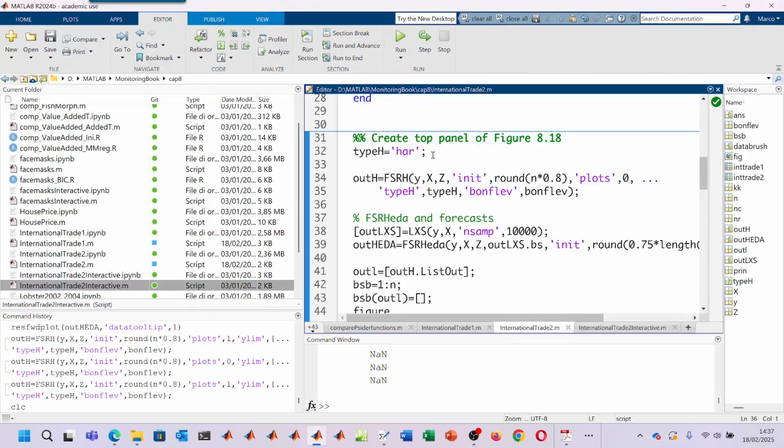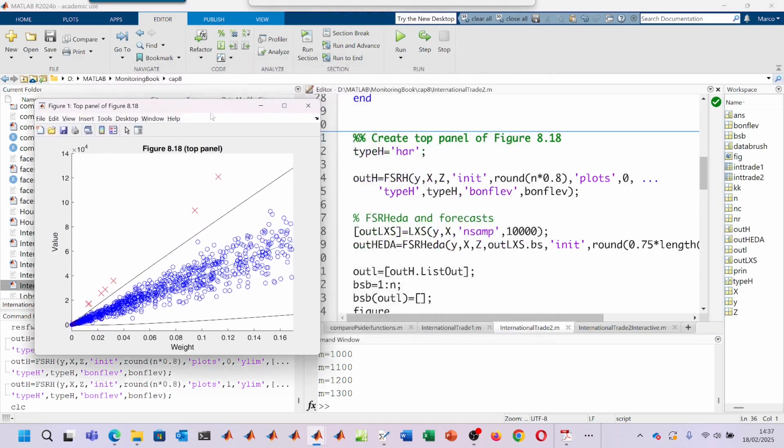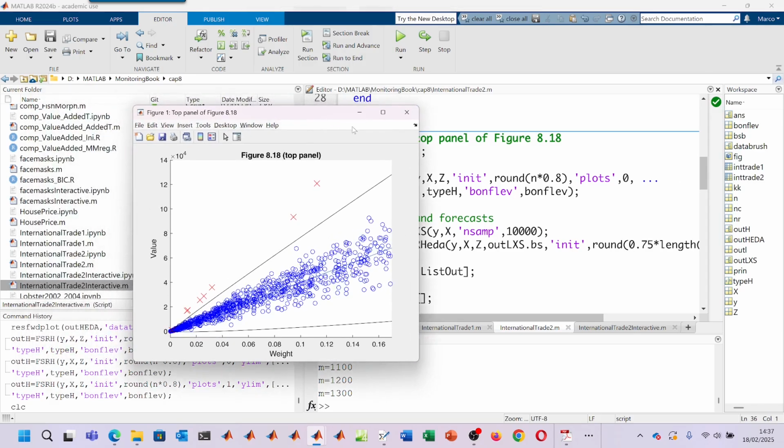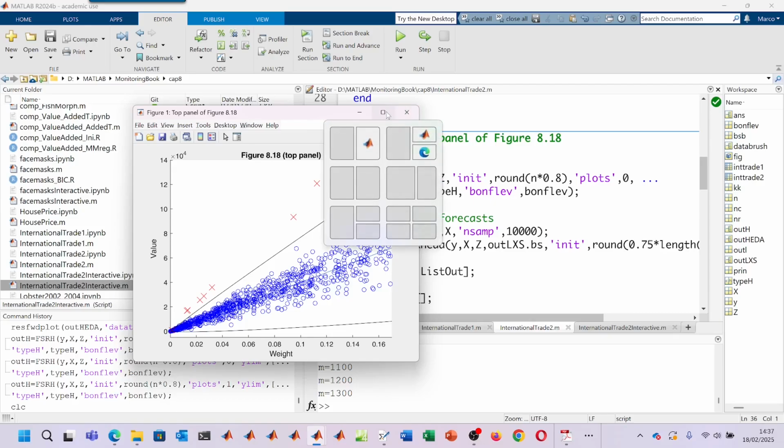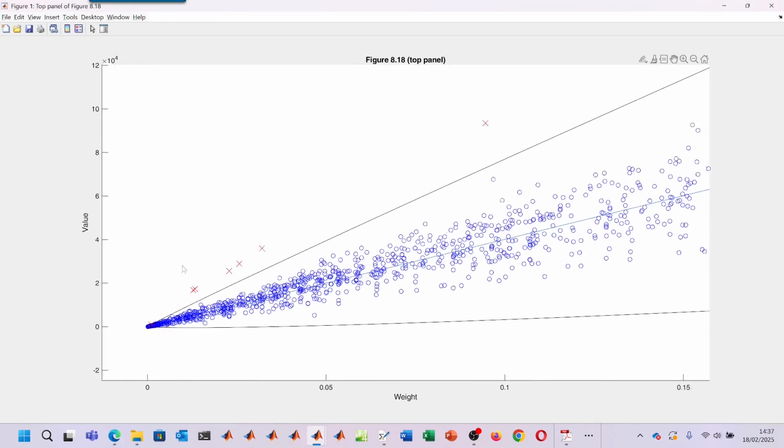We conclude this introduction to the use of the forward search in the analysis of heteroskedastic regression data by comparing the results from use of the skedastic relationship HAR and ART. These are the confidence bands which come out from using the HAR heteroskedasticity.